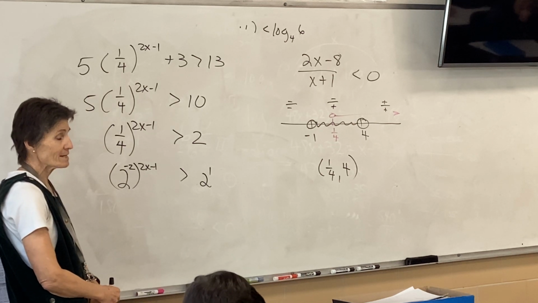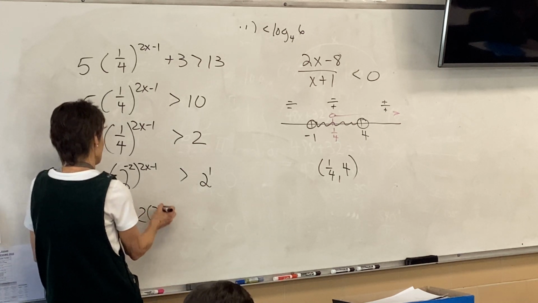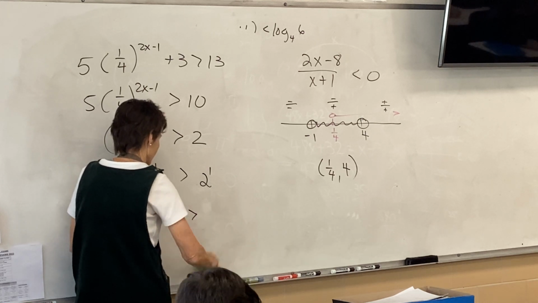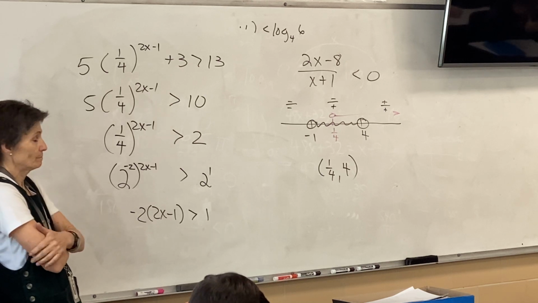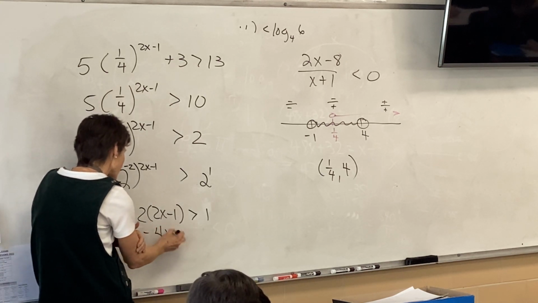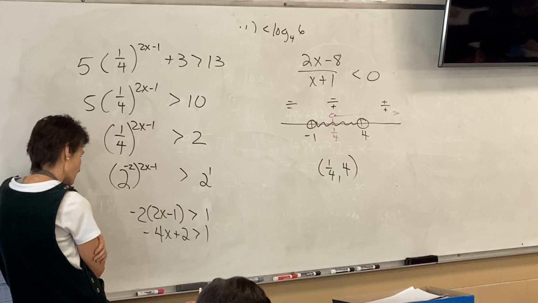Now, since the bases are the same, we can say this. Are you okay with that? So negative 4x plus 2 is greater than 1. Don't let me make an arithmetic mistake.